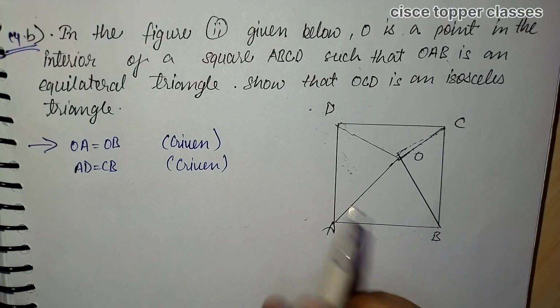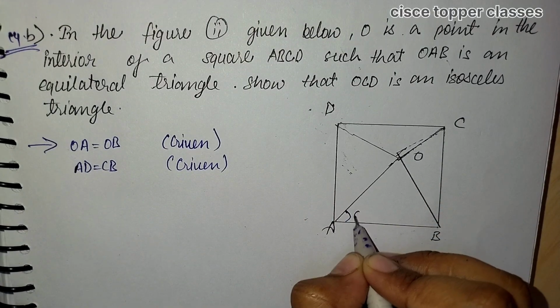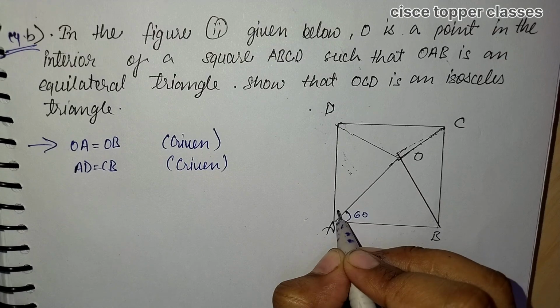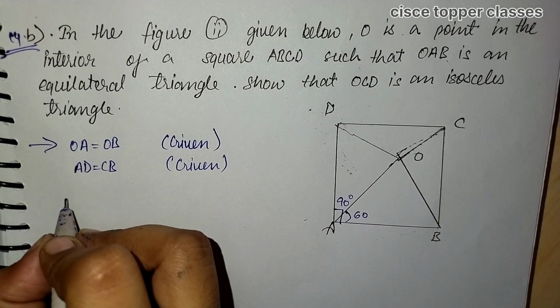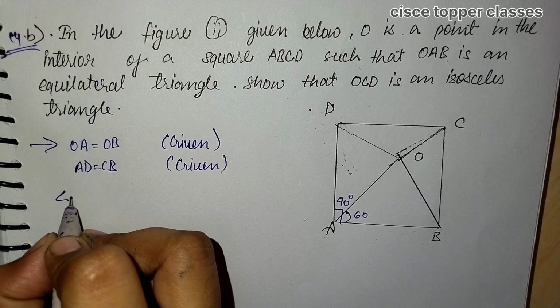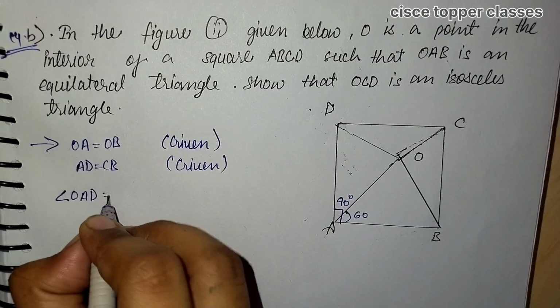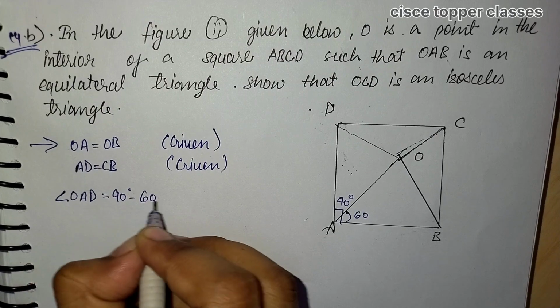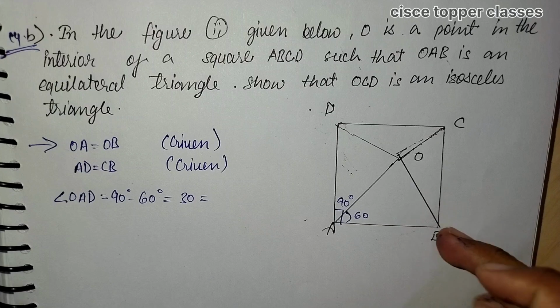Now as this is equal to 90 degree and we have this as equilateral triangle, so this will be 60 degree and this whole will be 90 degree because of a square. So simply we can write as angle OAD is equal to 90 degree minus 60 degree, which will be 30 degree, and which is equal to angle CBO.